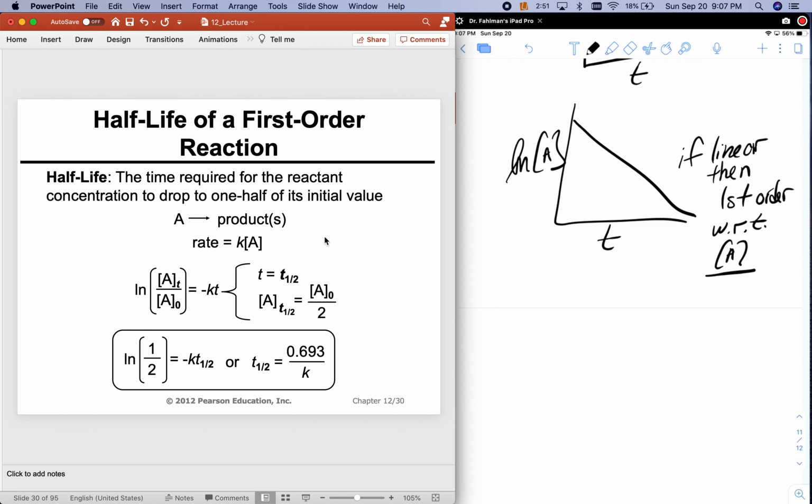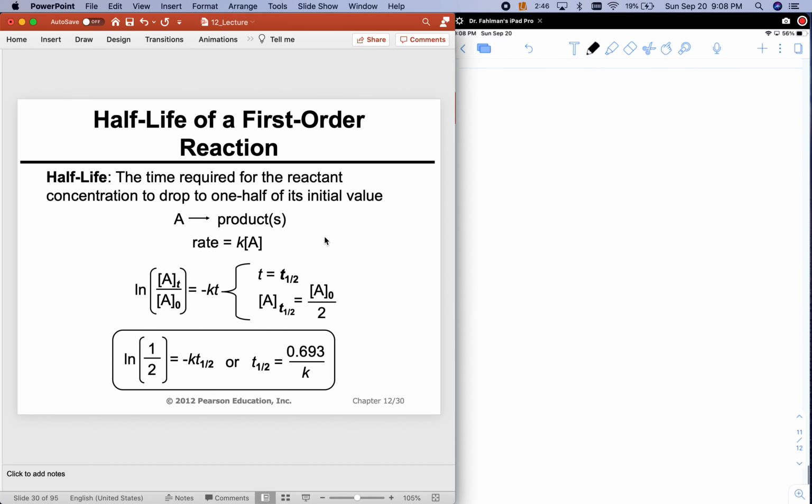All right, for half-life, which is very typical for radioactive decay, for instance, and all radioactive decay processes are first-order kinetics. This is how you would sort that out. If this is our regular equation, a half-life by definition is how much time is required for the reactant to drop to 1/2 of its initial value.